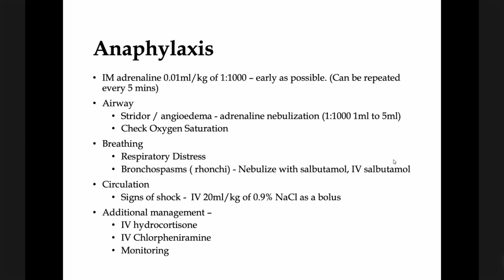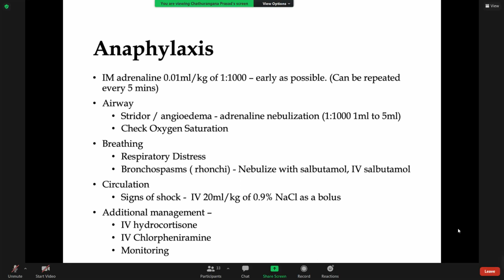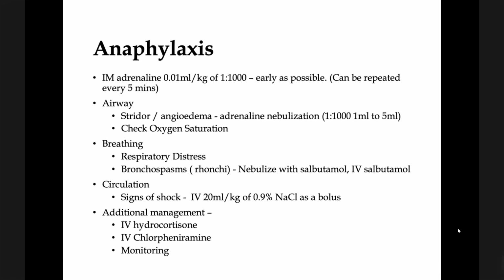So if you don't monitor them, sometimes once the acute situation is over, the patient will respond to adrenaline, hydrocortisone, and the other medications, and he'll be quite well. But 6-7 hours later, because the mast cells are producing more and more chemicals, they will have the same symptoms again. That is why we need to monitor them, right?